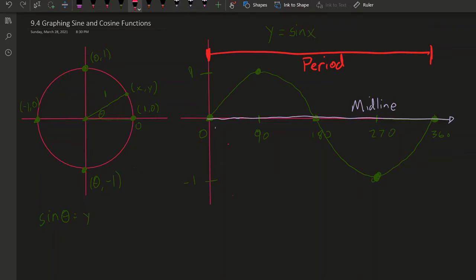Now, if I start at the midline and then go up to the maximum point, I have a distance of 1. If I go down to the minimum from the midline, I also have a distance of 1. That distance right there, I'm going to call that A, and that is called the amplitude.